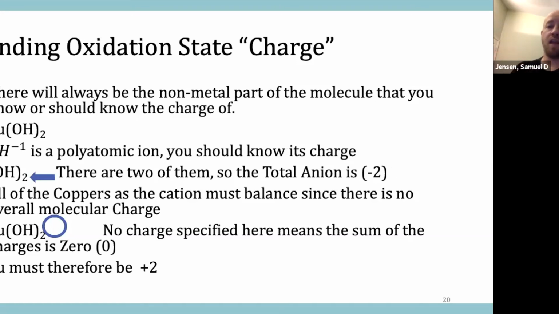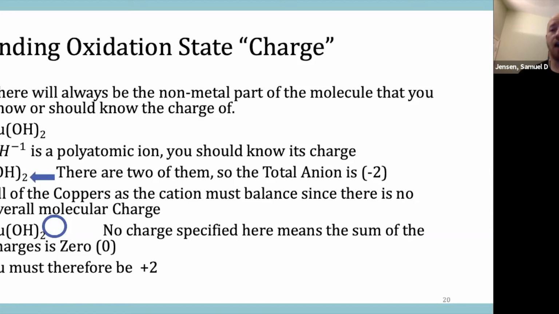That means the copper has to balance that out. If the molecule being made had a charge, like it was a charged molecule, which there can be, its charge would be listed here. Since there's nothing there, the overall charge of the molecule being made is 0.